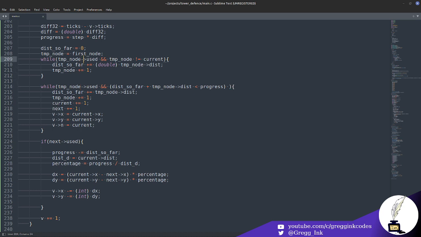See, at this point, TMP node and current are the same. Okay, so I can just continue with current. I mean, this is only a detail, but might as well get that right.